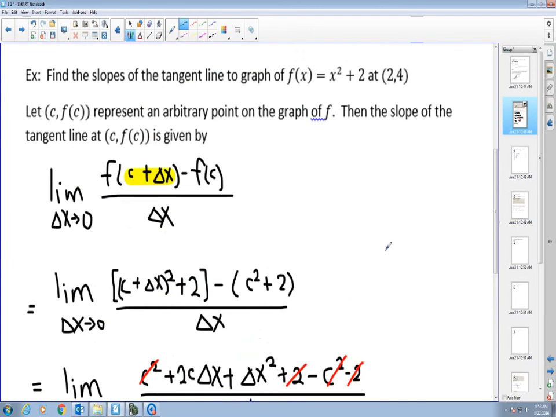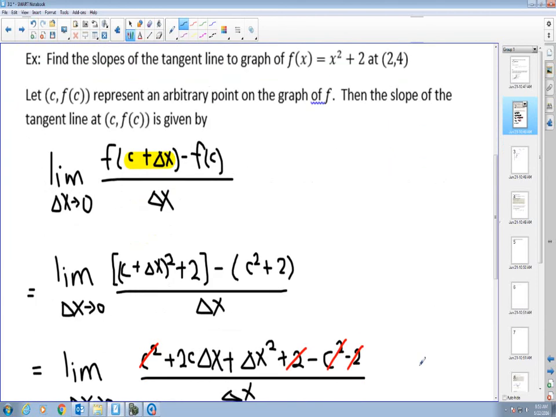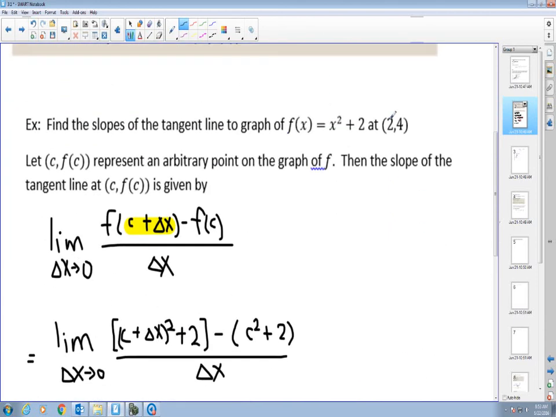So at the particular point 2 comma 4, the 2 is my c and the 4 is my f of c. Because if you plug in 2 for x, 2 squared plus 2 will be, well, as a matter of fact, it's actually 6, I'm sorry, 2 squared plus 2.